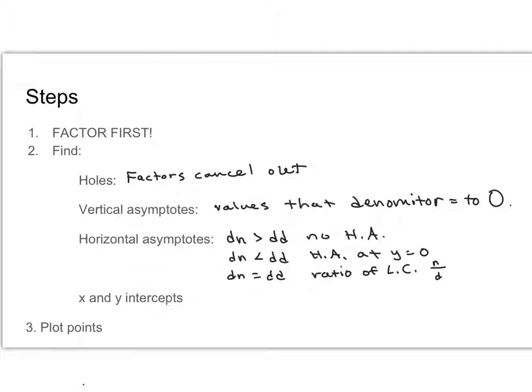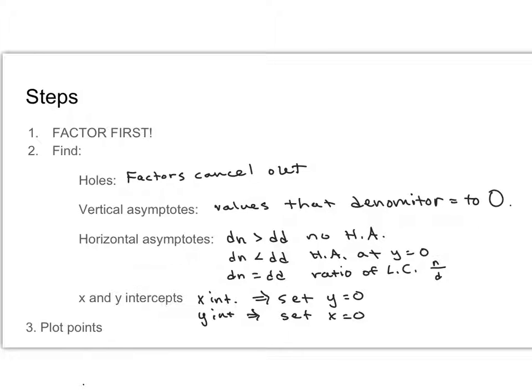Okay? So x and y intercepts. To find your x-intercept, you set y equal to 0. And then for your y-intercept, you do the opposite and you set x equal to 0. And you get the coordinates for your x and y intercepts that way.